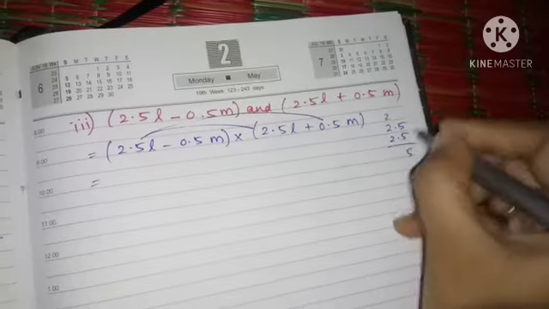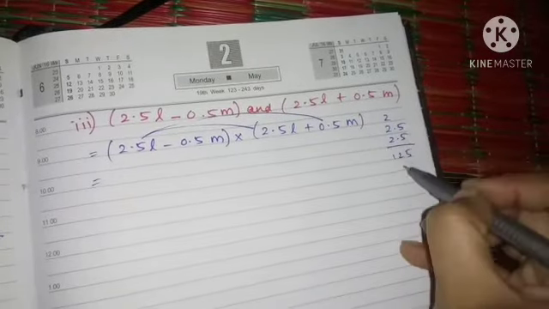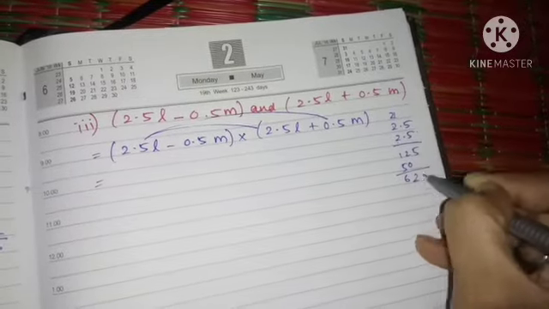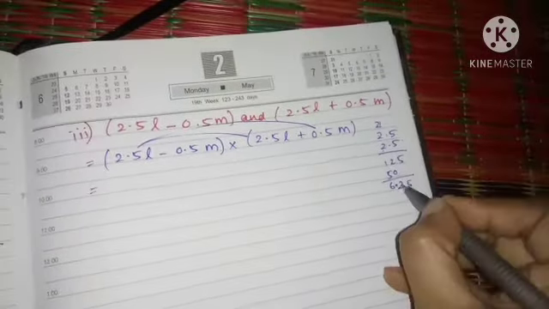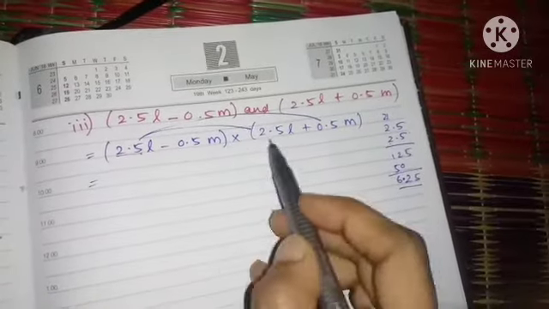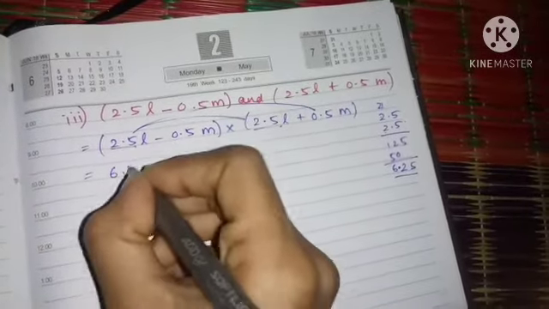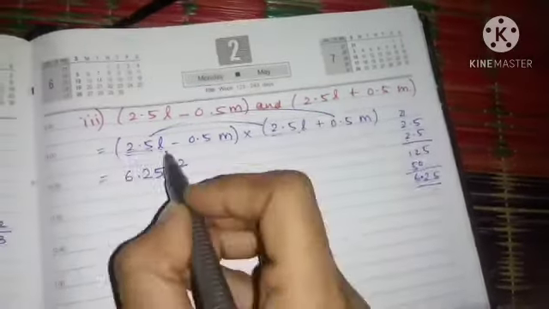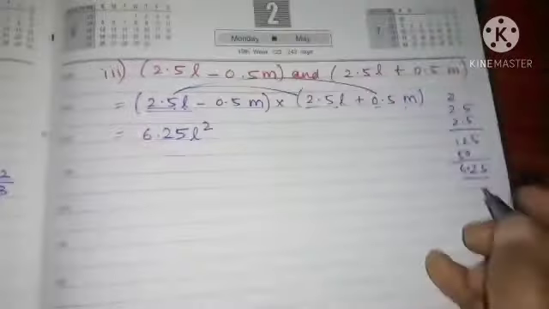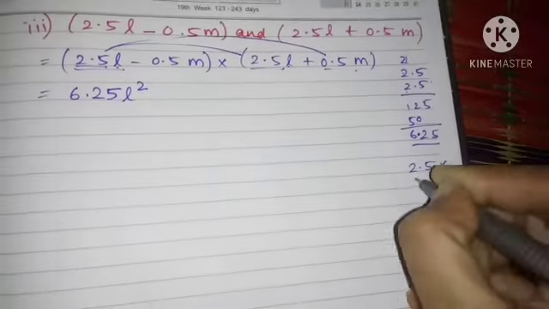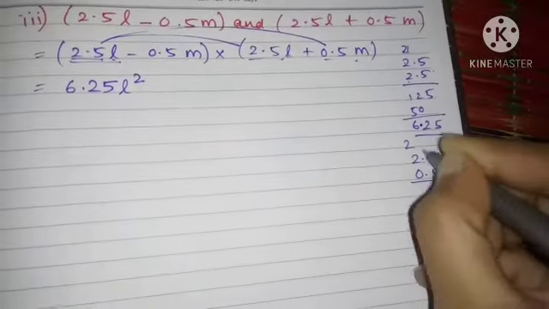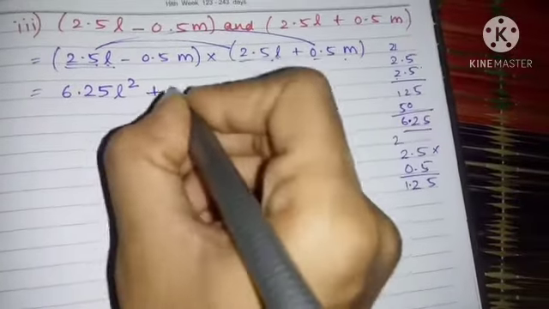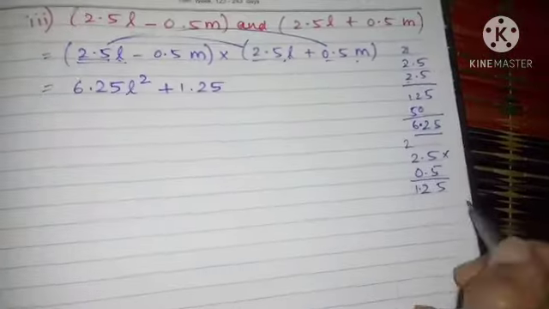Correct? So 2.5 into 2.5, what is the answer? 5 5s are 25, 5 2s are 10, 12, 5 2s are 10, so 4, 5, 6, 25. So what is the answer? 6.25. 2.5 into 2.5 is 6.25 L square, because L into L. Then 2.5 into 0.5. 2.5 into 0.5 is 5 5s are 25, 5 2s are 10, 12, plus 1.25, because it is 125.